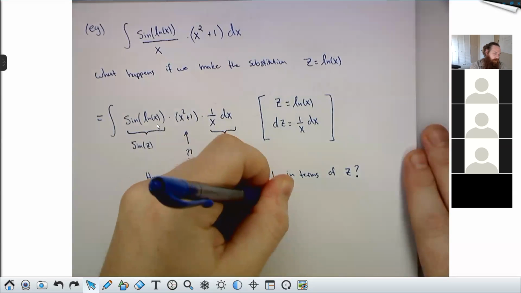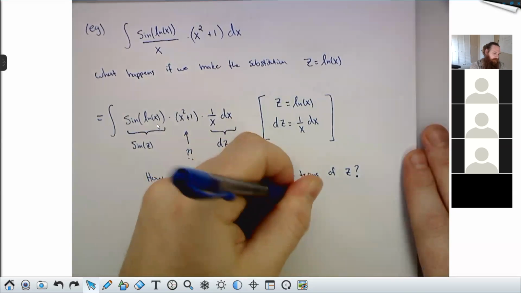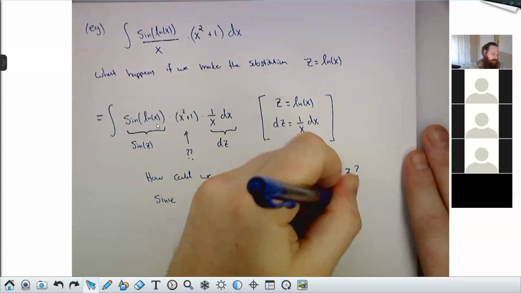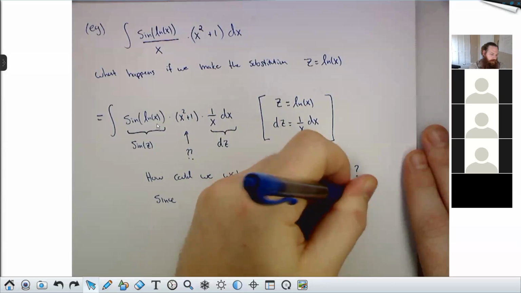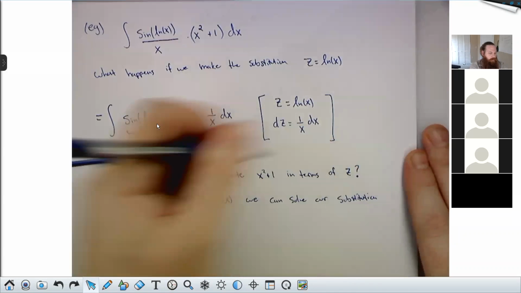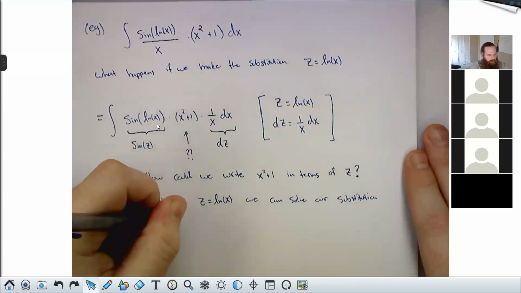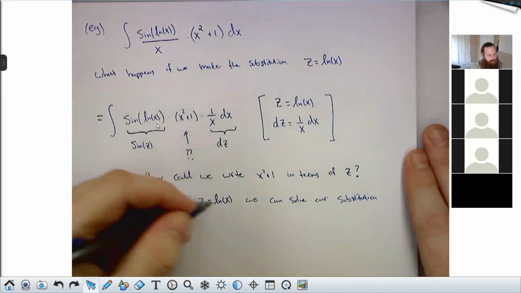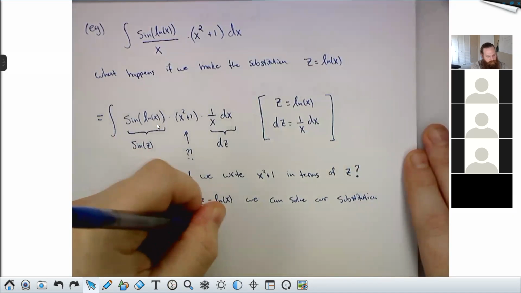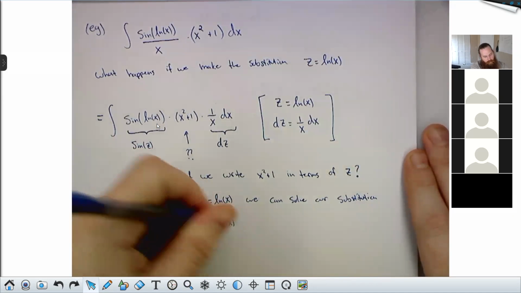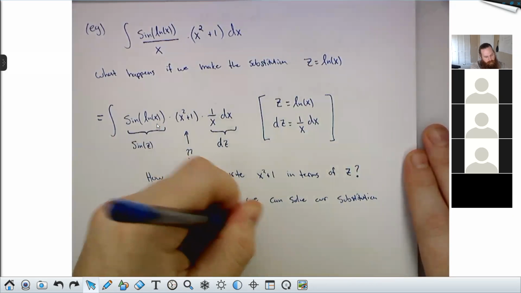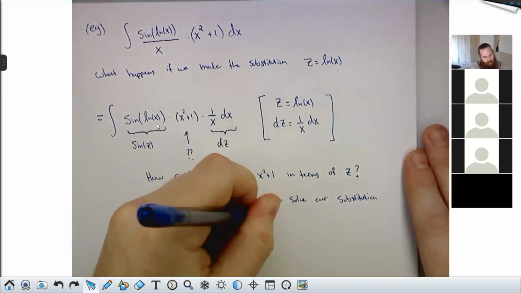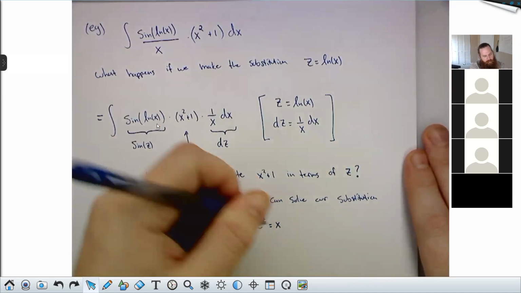We can solve for x. We can solve our substitution for x. If z is equal to ln x, that's the same as saying e to the z is equal to x.